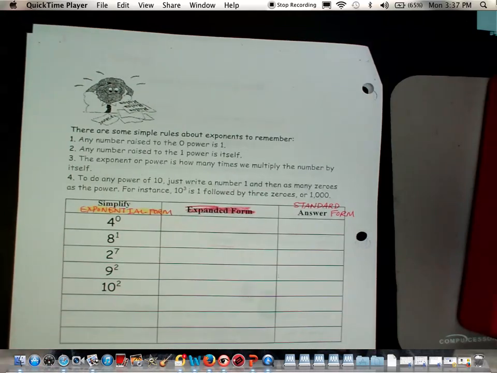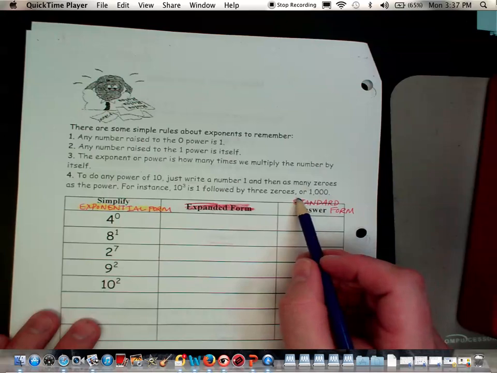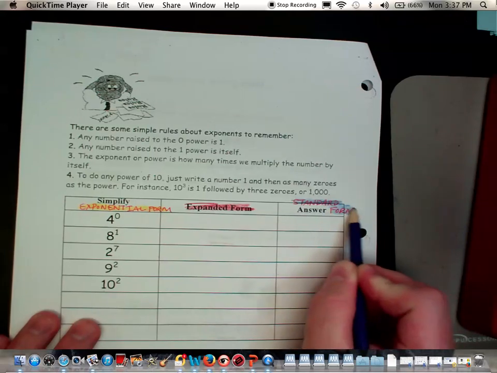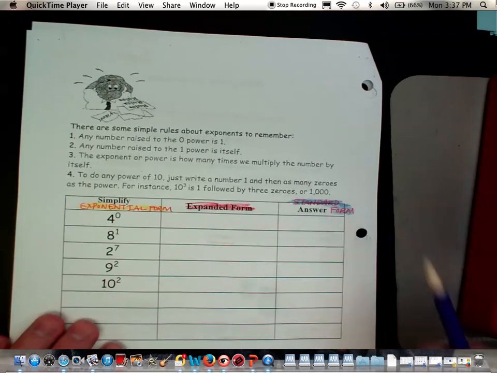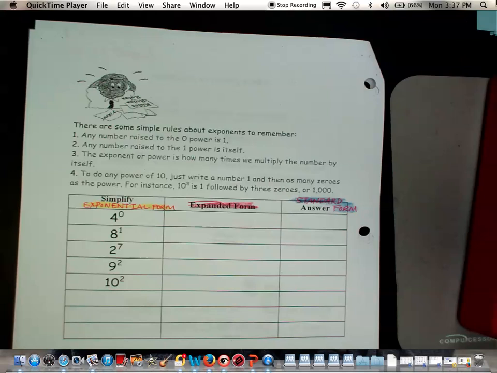And then I'm going to take a blue and make that into standard form. So now I've got my exponential form in yellow, my red is expanded form, and my blue is standard form.